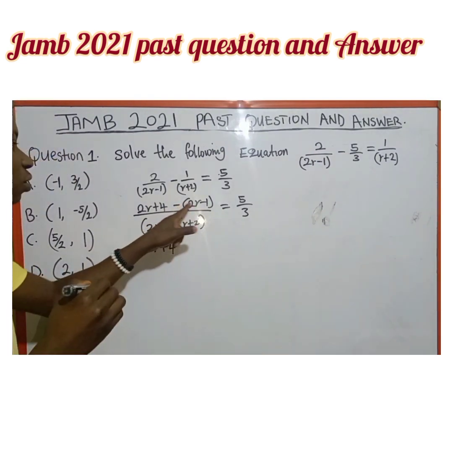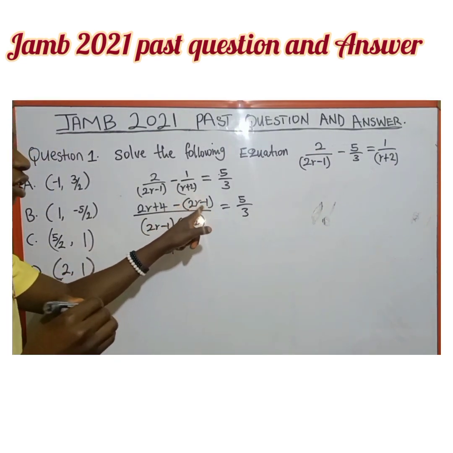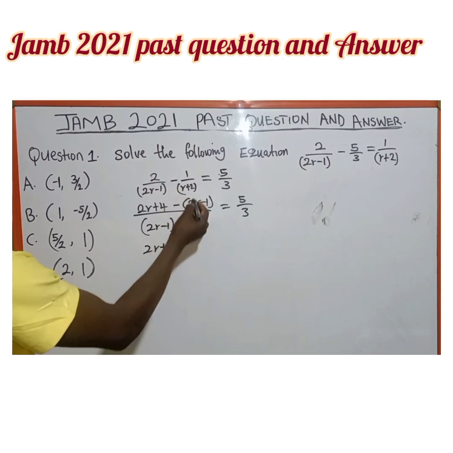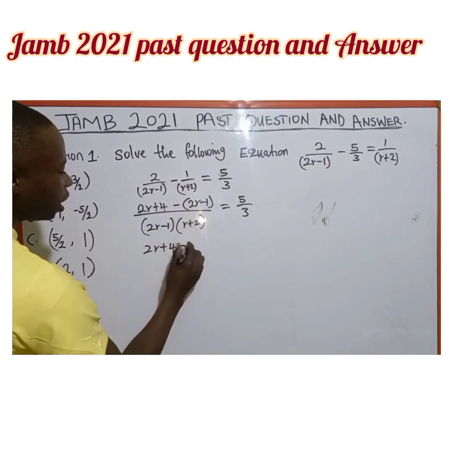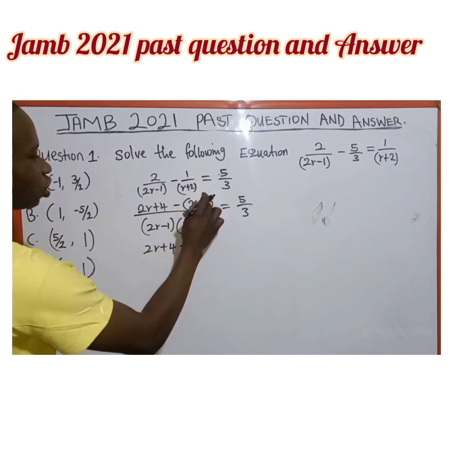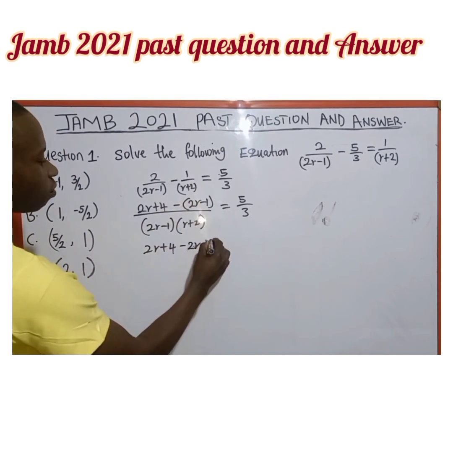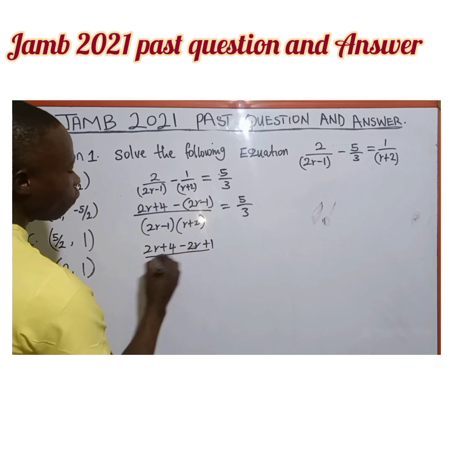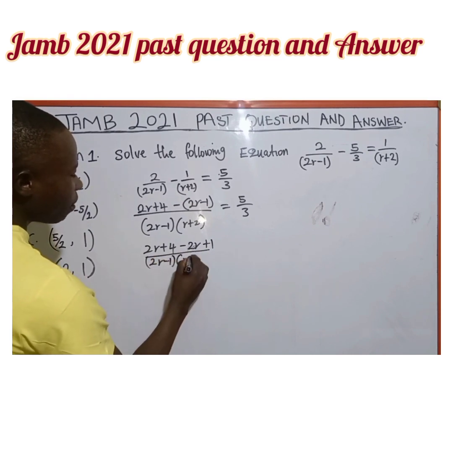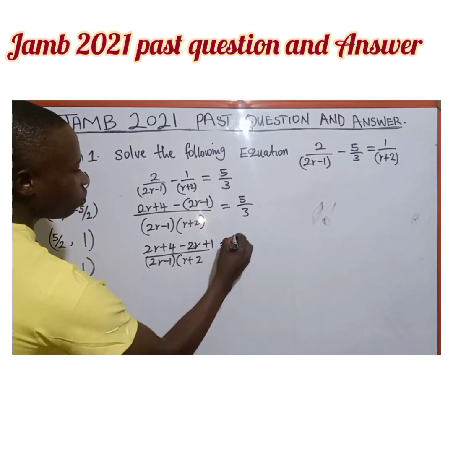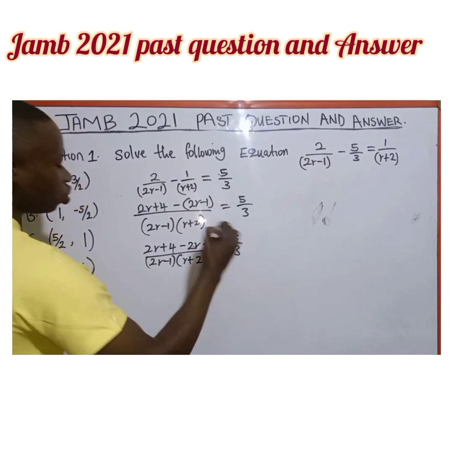Remember, this negative is going to affect each sign in this bracket. So negative multiplied by 2r gives me negative 2r. Then negative multiplied by negative 1 gives me positive 1. Then over 2r minus 1 multiplied by r plus 2, which is equal to 5 over 3.